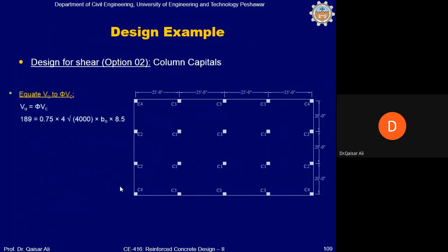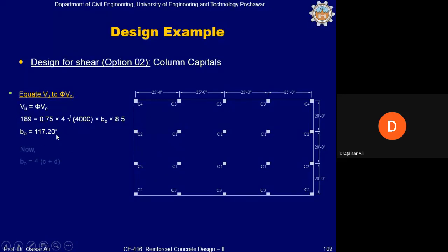If you want to provide a column capital instead of providing a drop panel, this can be done again by equating φVc to Vu, but this time instead of calculating d, we will calculate b0, and then we will calculate c from b0. 189 is equal to 0.75 into 4, this b0. So the minimum b0, which will make φVc equal to Vu, is 117.2 inch.